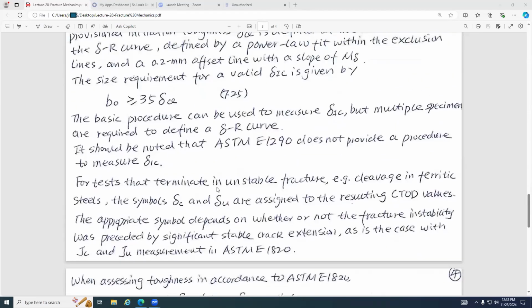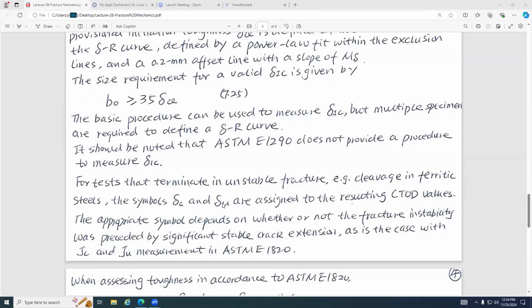So for tests that terminate in unstable fracture, for example, cleavage in ferritic steels, the symbols delta C and delta U are assigned to the resulting CTOD values, guys. We know delta C means critical. What is delta U, guys?